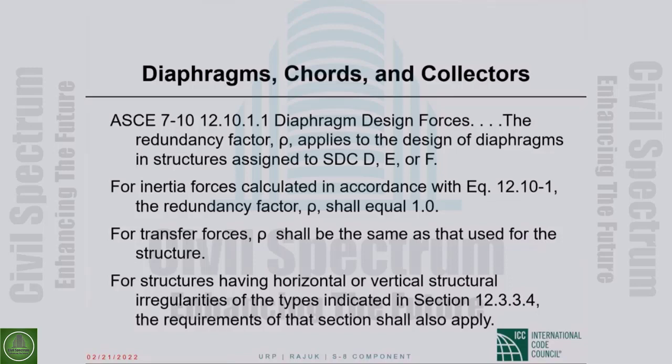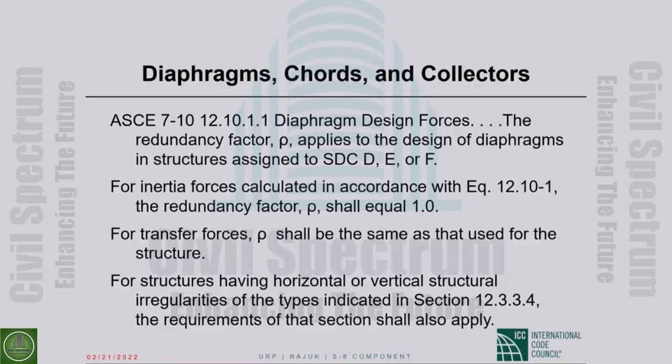When you design your diaphragm, your redundancy factor is 1. However, on the transfer forces, the redundancy factor is 1 or 1.3, whatever you have calculated for your structure. If you have calculated a rho of 1.3, you have to apply that rho on the transfer forces.